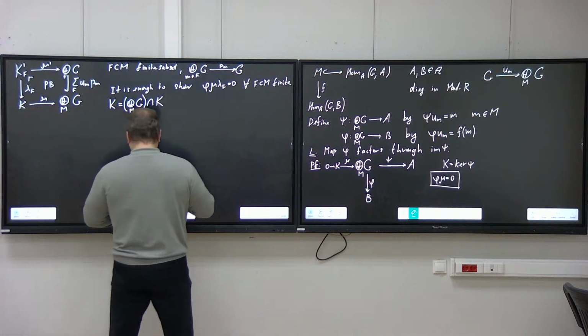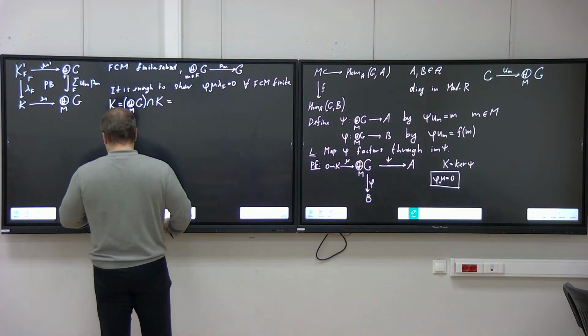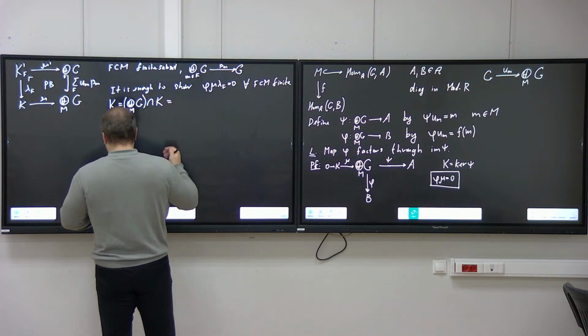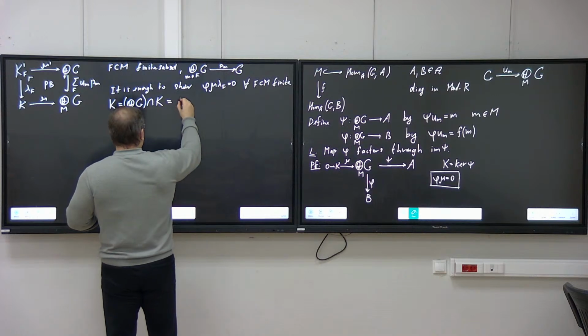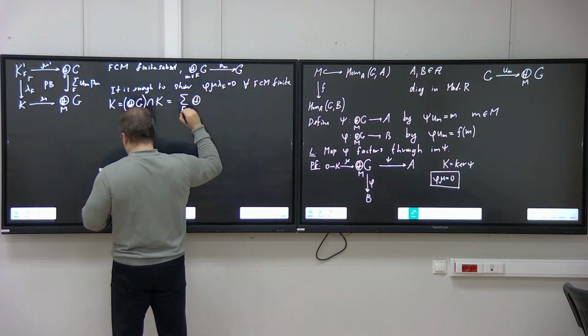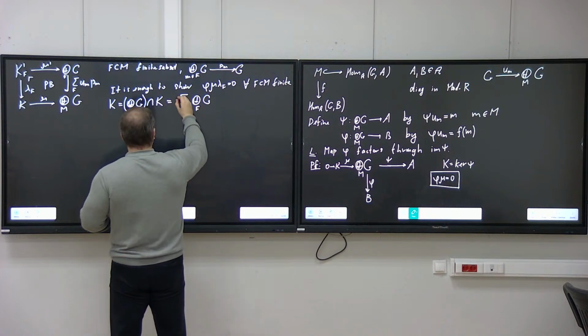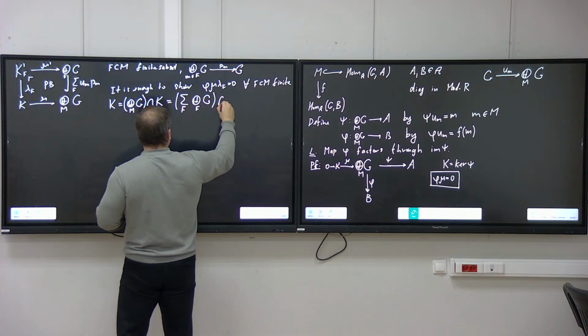Now, this direct sum over M, I can write this a little bit differently. I can say that this is a sum over all the finite subsets, and then for each finite subset I have a finite sum. So this is still the same direct sum over M.